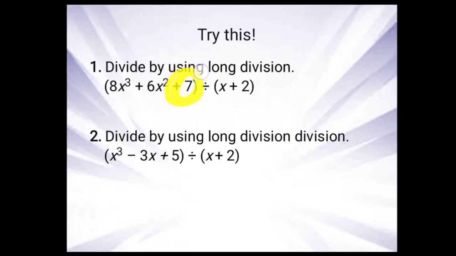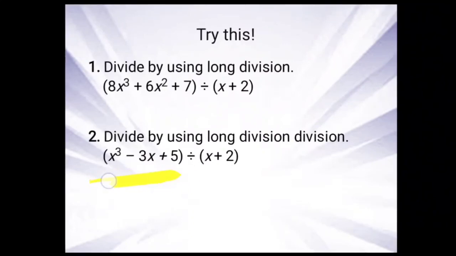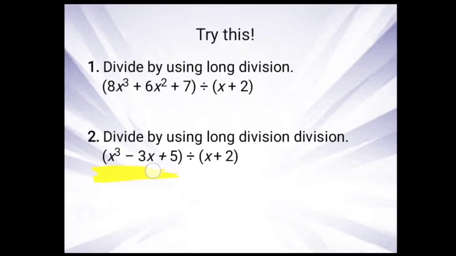Therefore, you have to include that term. The same as number 2, we don't have 2 as the exponent of x, the variable. So you have to put that term with a coefficient of 0.